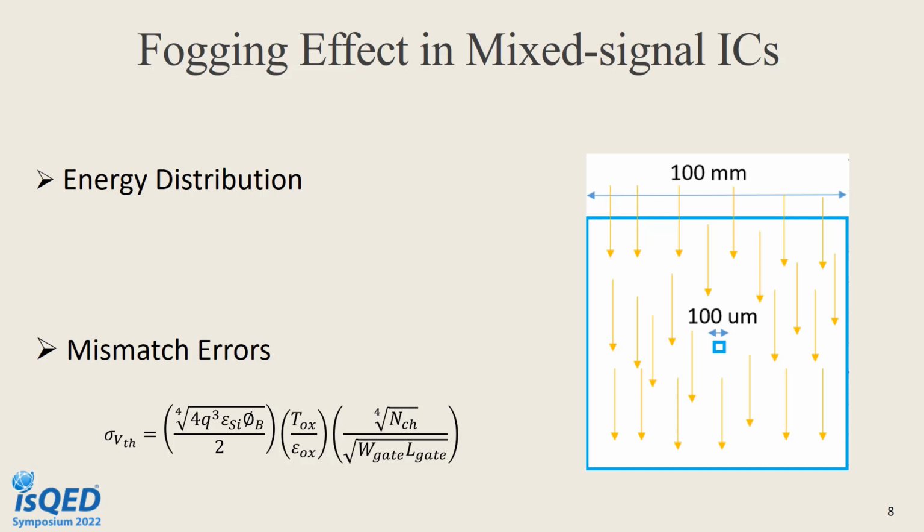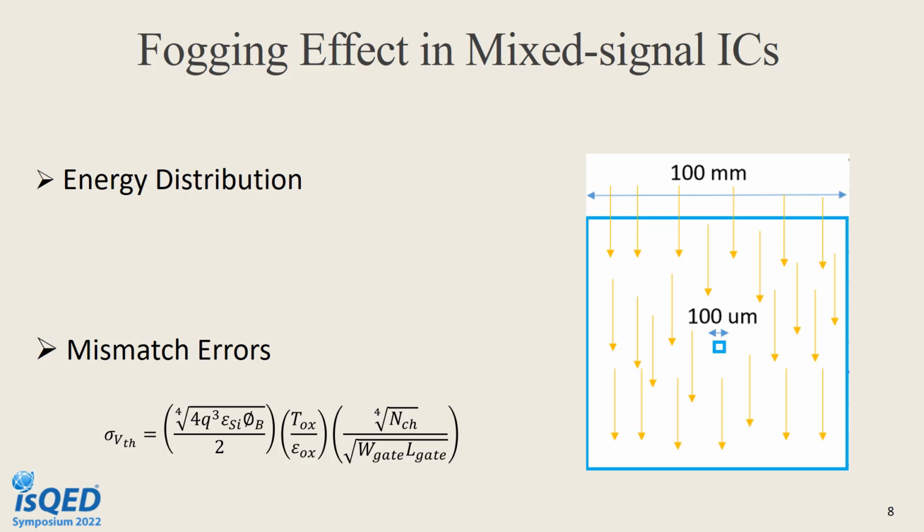And there is another point in mixed signal ICs, that we have some sensitive transistors that we want to protect from the fogging effect, because it causes, for example, mismatch error in our circuits. For example, one of the parameters that can be changed is the threshold voltage of the transistor, which depends on the gate length.